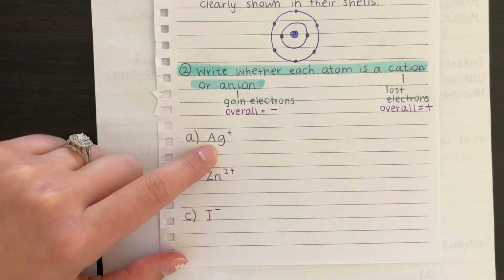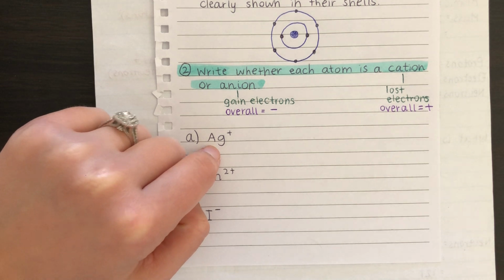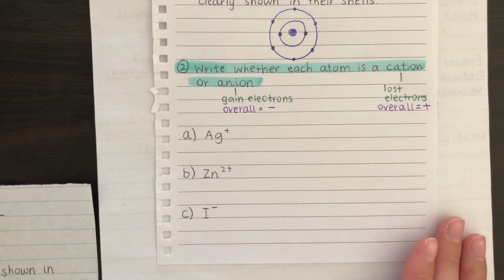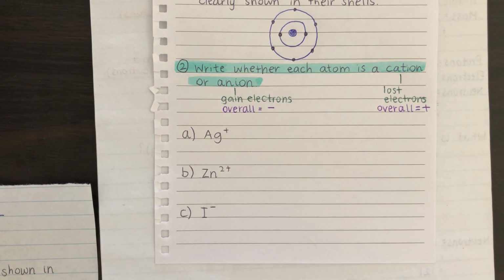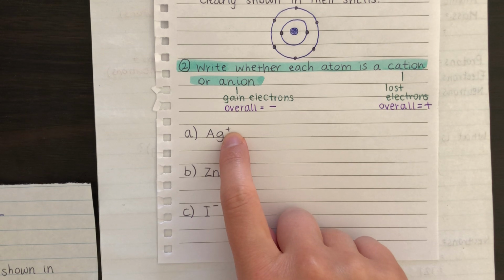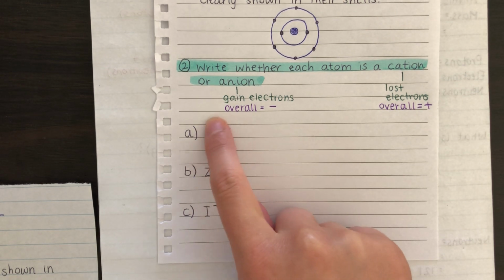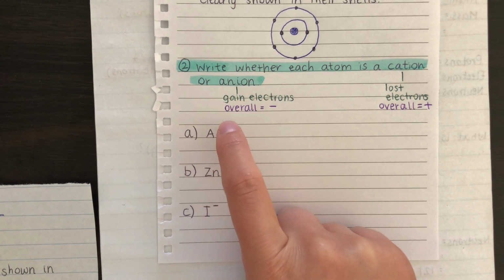So the first one, this is the element symbol for silver, and silver can be found at number 47 on the periodic table. So its atomic number is 47. That means it has 47 protons and 47 electrons if it's neutral. So because we have a little plus sign up here, this shows that the overall charge of silver is positive because it's got a little plus sign here.